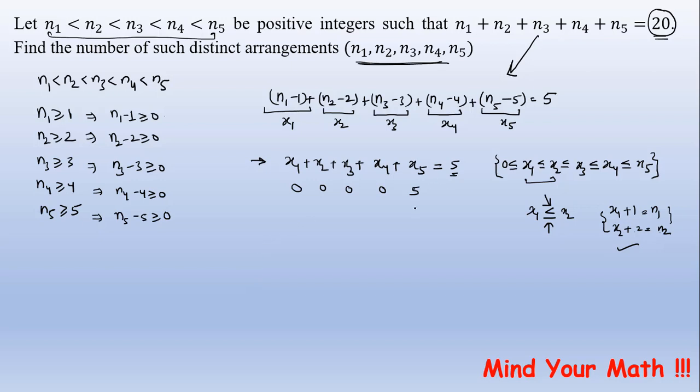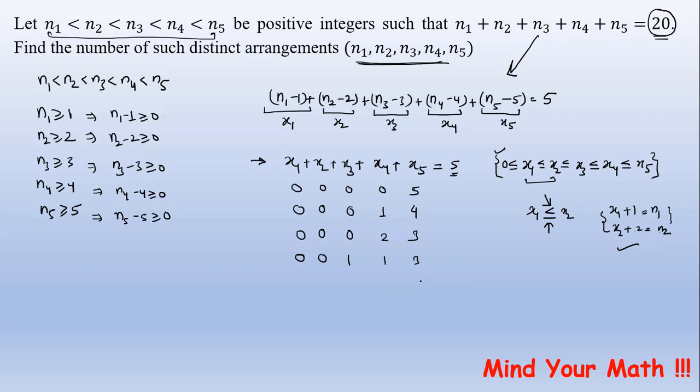Then we can have 4, 1, 0, 0, 0. Similarly, we can have 3, 2, and we are just trying to break 5. Then we can have 3, 1, 1, 0, 0. We are just following this condition, that the numbers are in increasing order and they can be equal also.